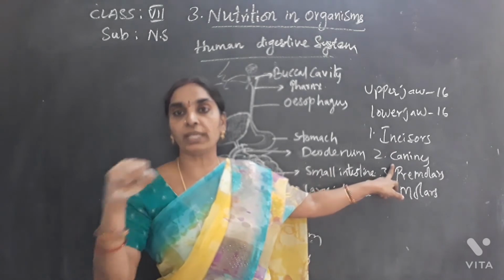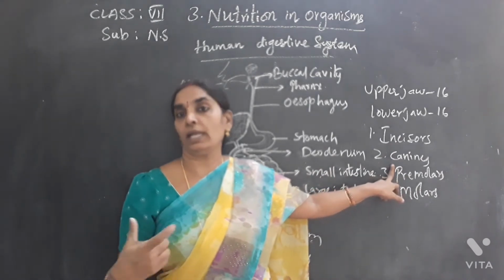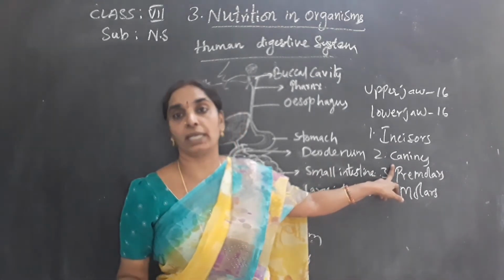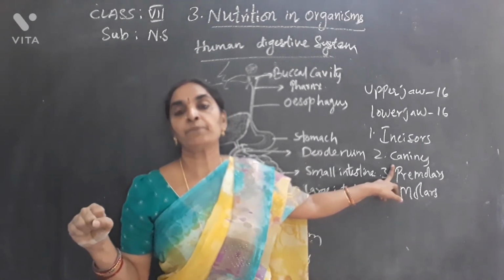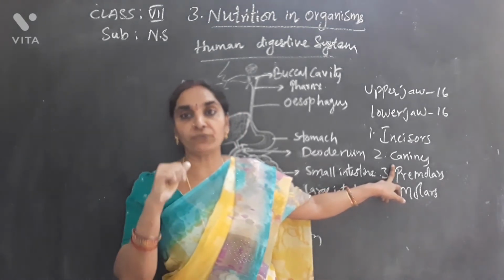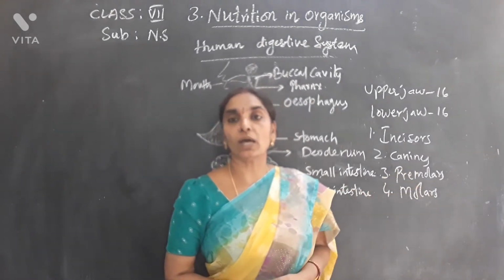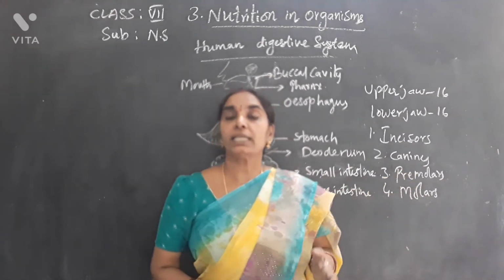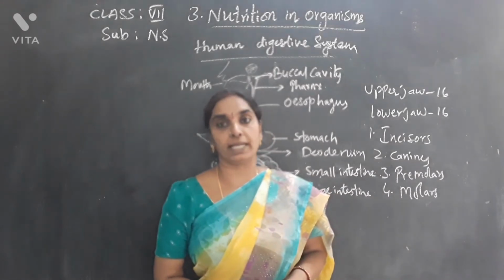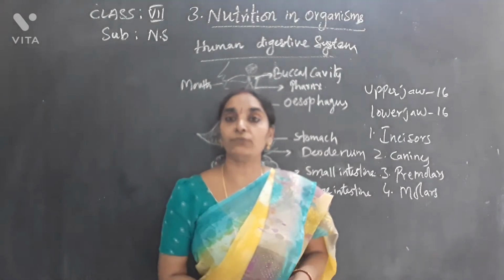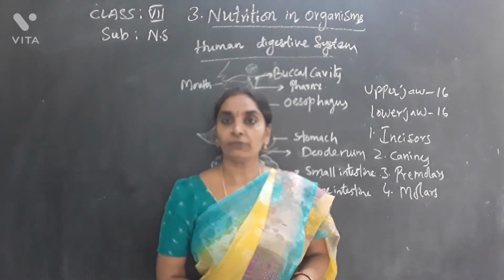Canines are used to tear flesh or any hard material like sugar cane. You will tear the sugar cane with the help of canine teeth, or bones and so on. Premolars and molars are grinding teeth, which help to grind the food easily and help in the digestion of the food.